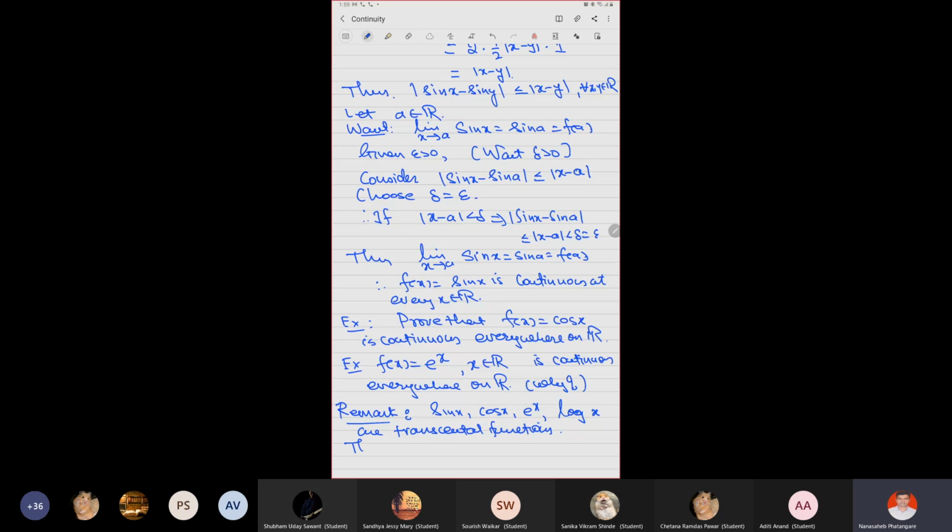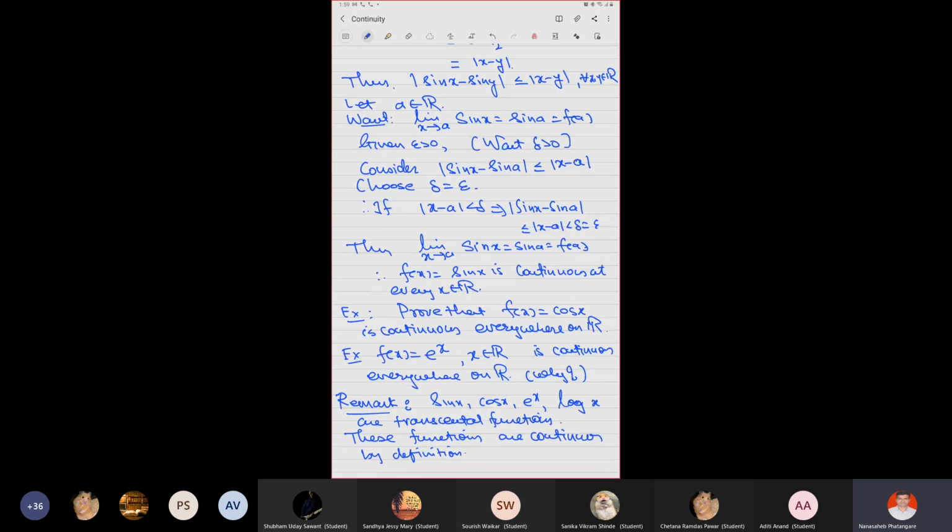So these functions are continuous by definition. That means how these functions are defined or developed, from that definition itself they are continuous.